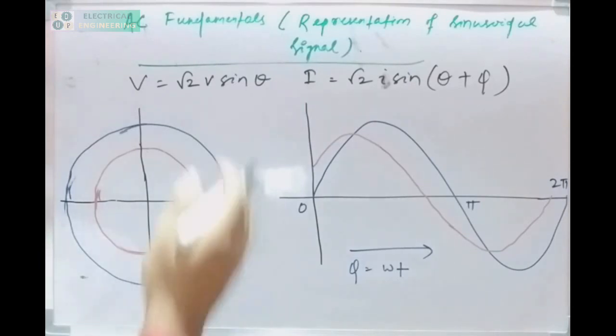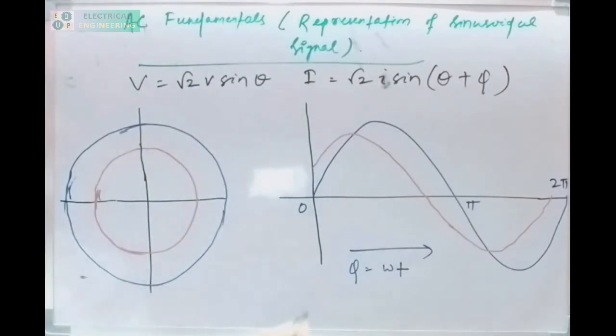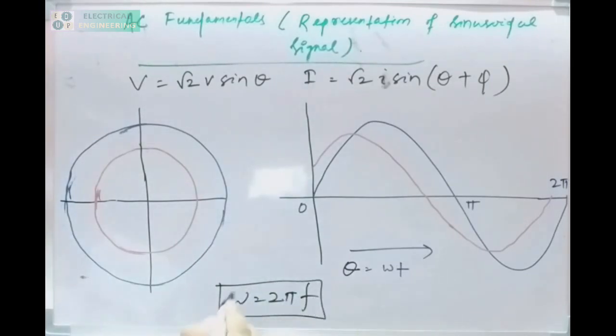So I can write omega t in place of theta, because theta equals omega t. Here omega equals 2 pi f, where f is the frequency. Just remember that.